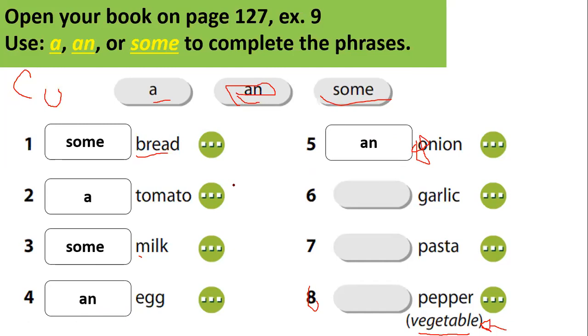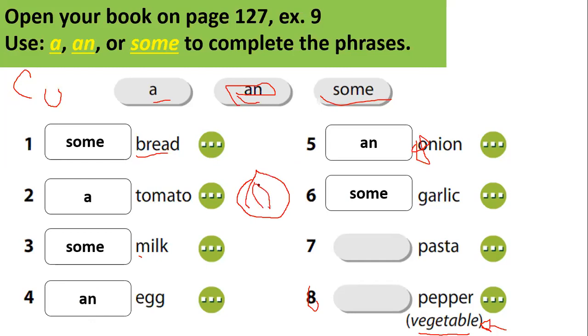And then we have garlic. A, an, or some? Some. Okay. In this case, garlic. Wait, garlic is different. I cannot say one garlic, two garlics, three garlics. Remember that the garlic, I'm going to do my best representation of a garlic here. Yes, there are several.